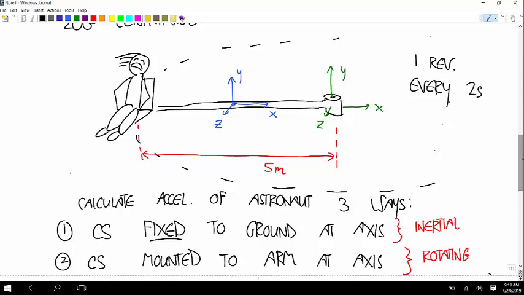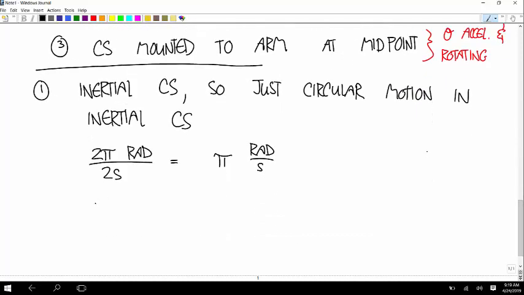And if it's rotating this way, what is that as an angular velocity vector? So positive y. So omega is equal to 0 pi 0.